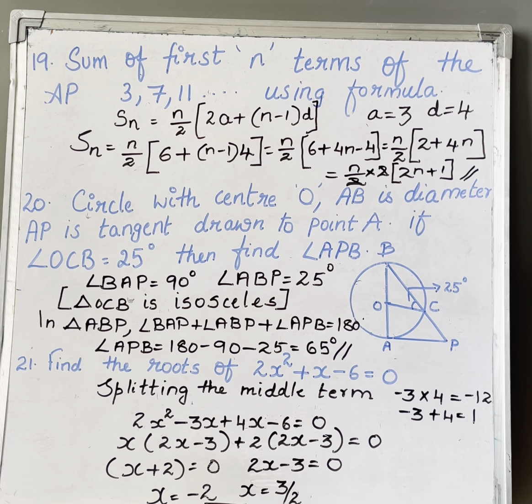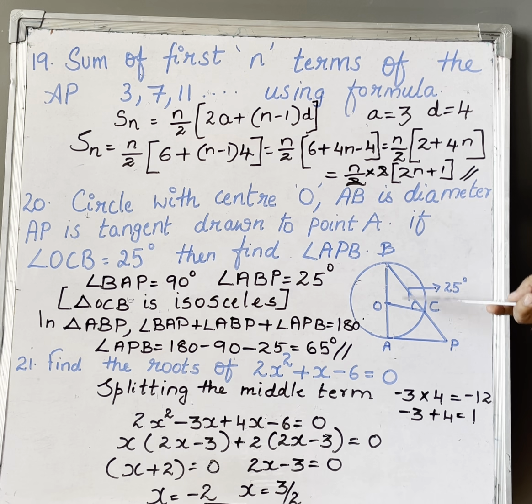This is because triangle OBC is an isosceles triangle. What is the meaning of isosceles triangle? A triangle having two sides equal and the angles opposite to them equal is called an isosceles triangle. So angle OCB is 25. Since OC and OB are radii, angle OBC will also be 25.